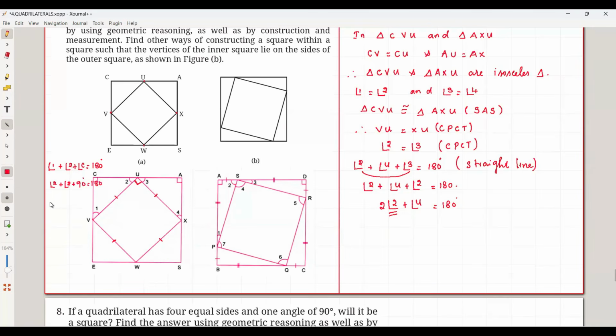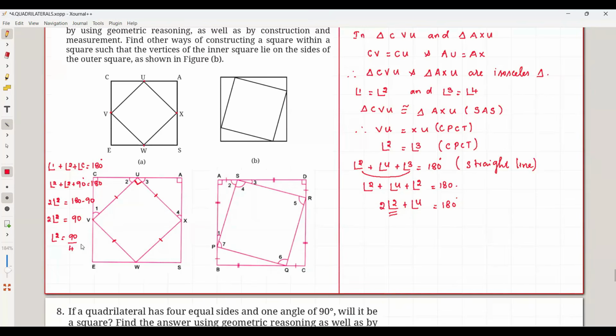Angle 2 plus 2 is 2 times angle 2, which is equal to, taking this 90 to this side, 180 minus 90. So 2 times angle 2 is equal to 90. Now angle 2 alone: 90 by 2.